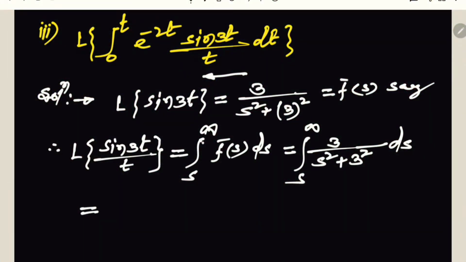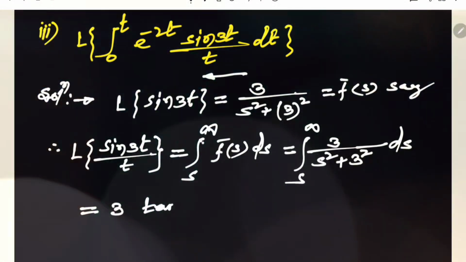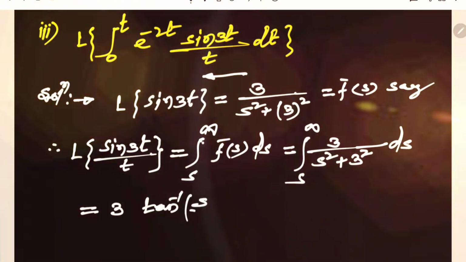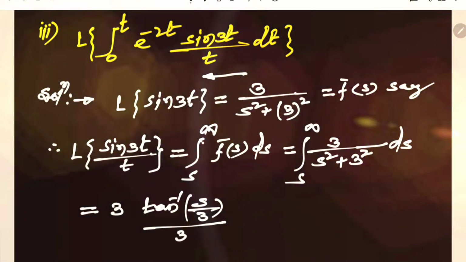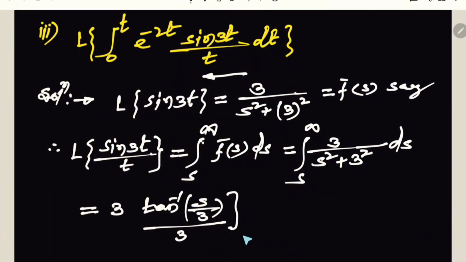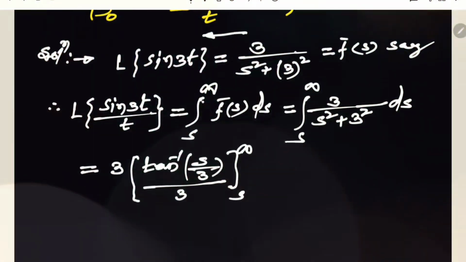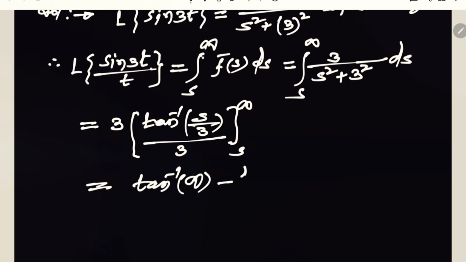3 we take outside the integral sign. Integration of 1 upon x square plus a square is tan inverse of x by a, here it is s by 3, and whole divided by 3, limit from s to infinity. 3 gets cancelled, and subtracting the upper and lower limit, we get tan inverse of infinity minus tan inverse of s by 3.